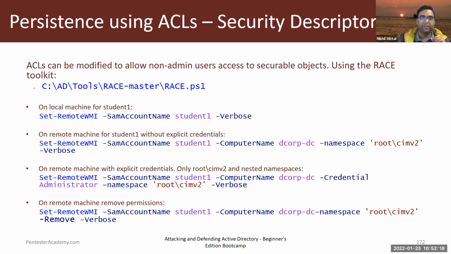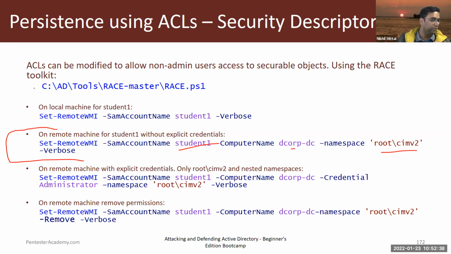So what happens if I run this command? As a domain administrator, if I run this, student1 would be able to access this WMI namespace on the domain controller without having admin privileges.